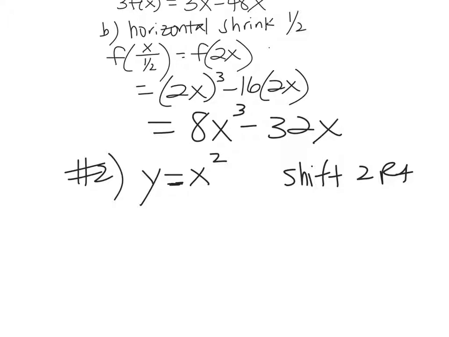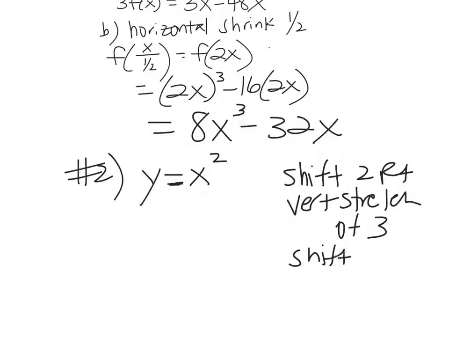They're going to do a vertical stretch of 3, and then they're going to move it up 8. Shift up 8. So they want you to come up with the new equation. You don't have to graph it. But they want you to take these 3 things that they've done to your parent function to create an offspring, and you're going to give us the new formula for it.